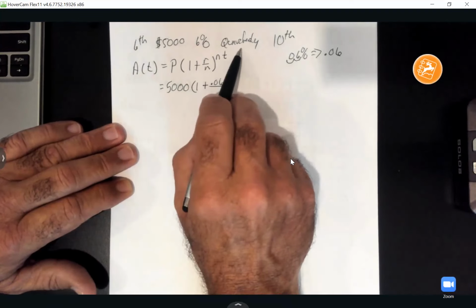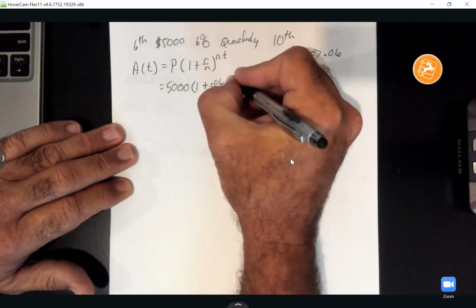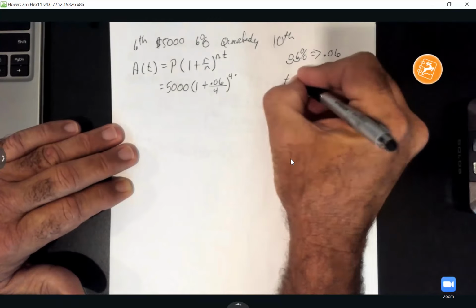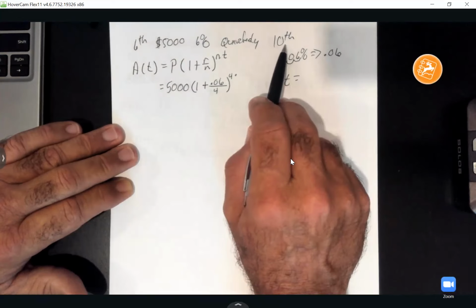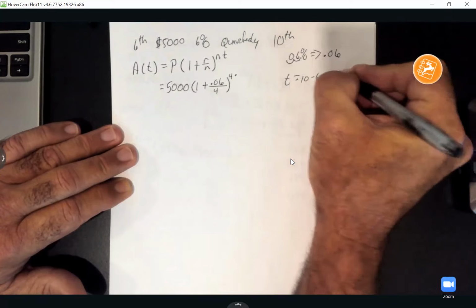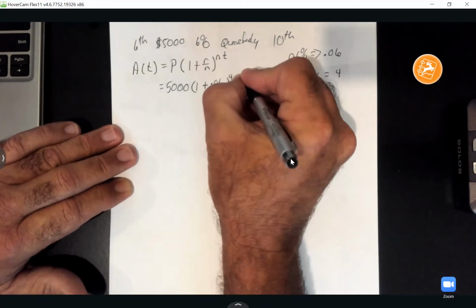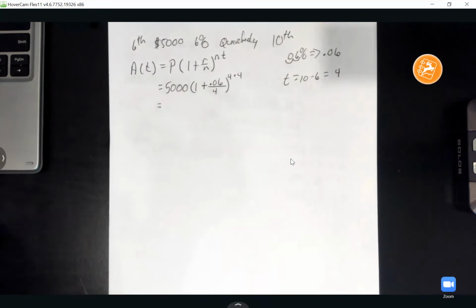N for me is quarterly again, so that's going to be 4. And then NT would be 4 times T. So T we got to figure out. She got it on her 6th birthday. It matured on her 10th birthday. So we would do 10 minus 6. And that'll give me 4 years. So that'll be 4 times 4 for my exponent. So y'all, we're going to go punch this in and round it to 2 decimal places, okay?